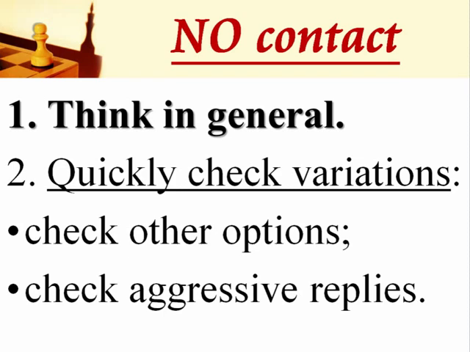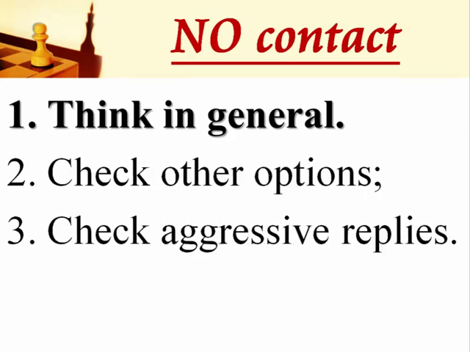To put it briefly, your system of thinking for strategic positions, when there is no contact between the pieces, should be: first, apply your general understanding to find the best move. Second, check if you have any other interesting candidate moves. And third, check if your following move works well.